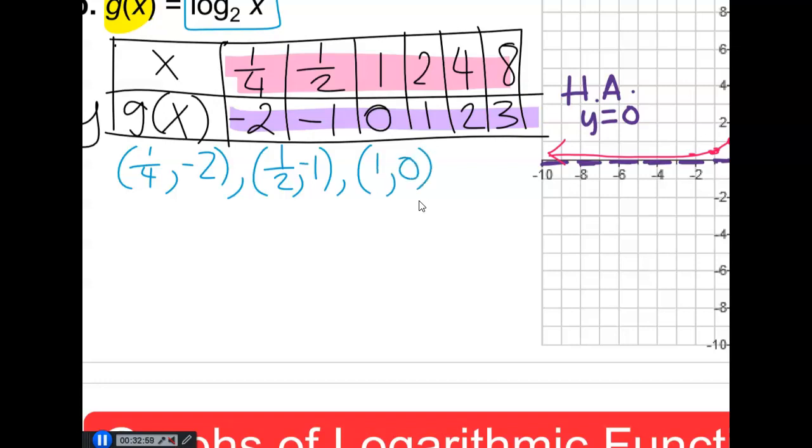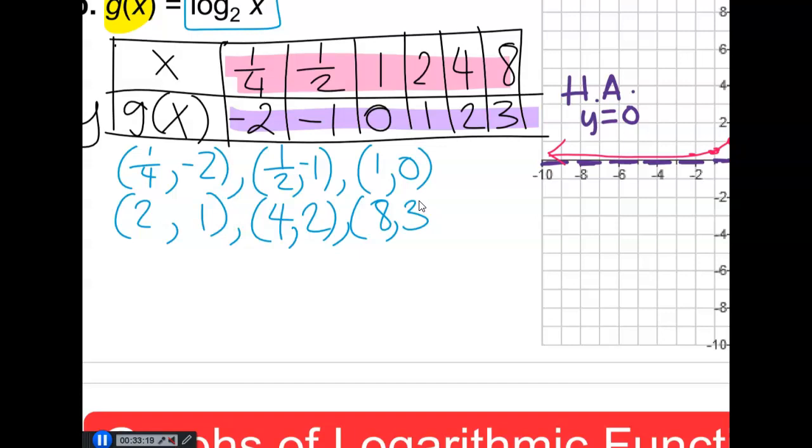I'm looking at each column. Then 2, 1, 4, 2, and 8, 3. So I'm going to plot those points.